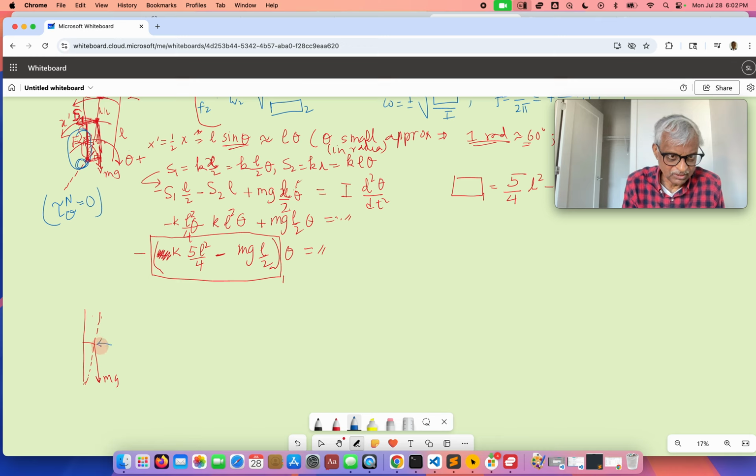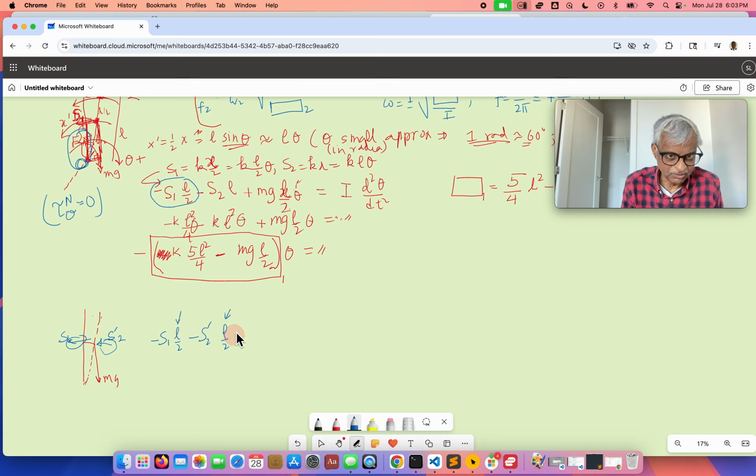Then there will be this spring, now S2, let's call it prime, but S1 is same as before, and so S2 prime, this force magnitude is the same as that, so it's just gonna be like this, two of those guys. So minus S1 L over 2 minus S2 prime L over 2. This is the lever arm as before.